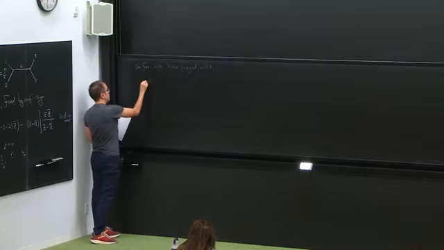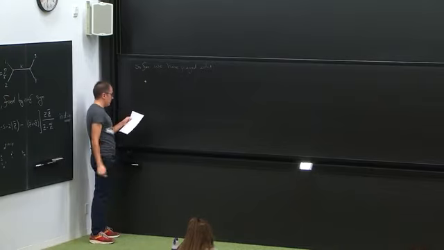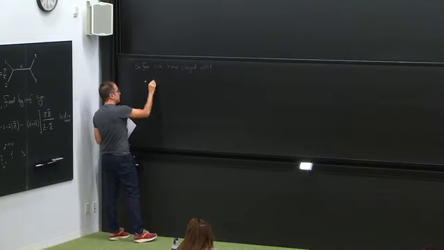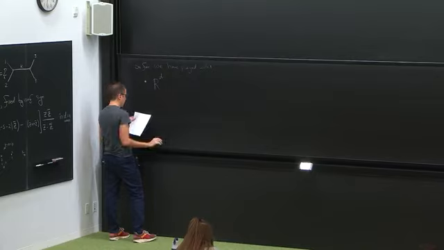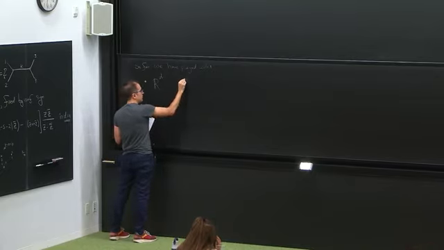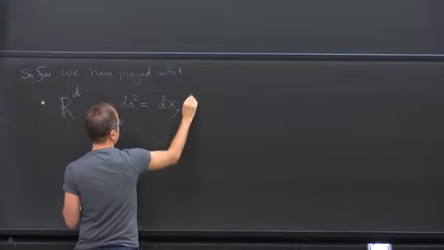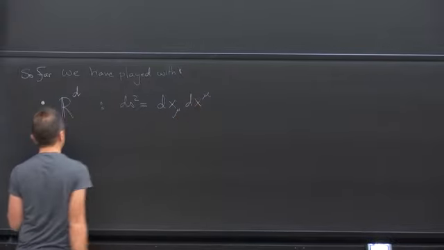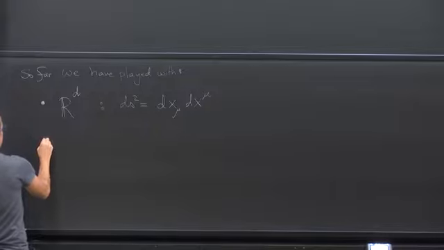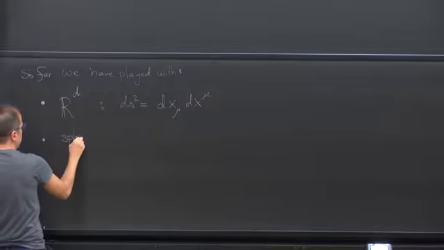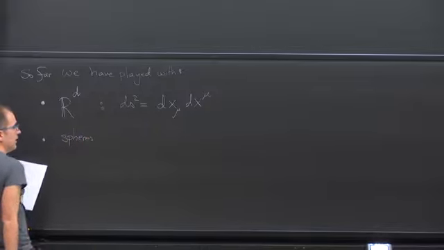Okay. So far, we encountered a couple of things. We encountered flat space. As far as geometry goes, that's what I want to say here. We encountered flat space. This was just this space-time, dx squared is dx mu, dx mu. We also encountered several times spheres. All right?